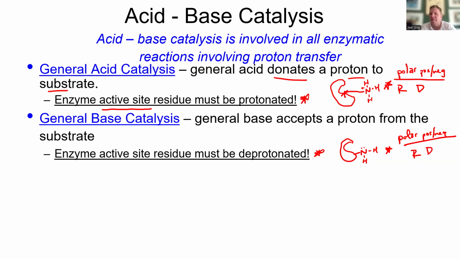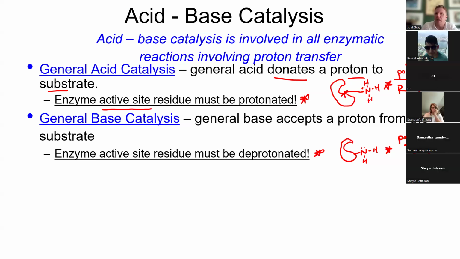Now, at the same time, there are a handful of amino acids that you can immediately dismiss as being basically incapable of participating in general acid or general base catalysis. Now, does anyone have any idea of amino acids that are least likely candidates to participate in acid-base catalysis?